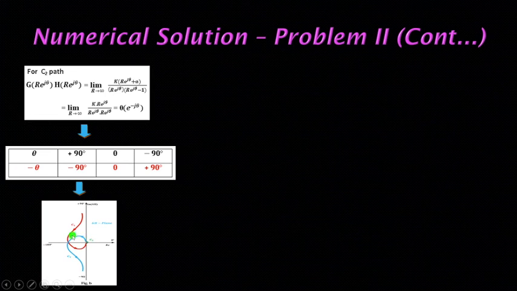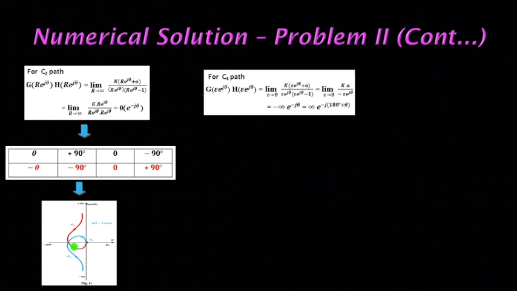Next, this is the C3 path. This C3 path is a mirror image of the C1 path. For the C4 path, s equal to epsilon e to the power j theta and epsilon tends to 0. So the magnitude is infinity, going from minus infinity to plus infinity.